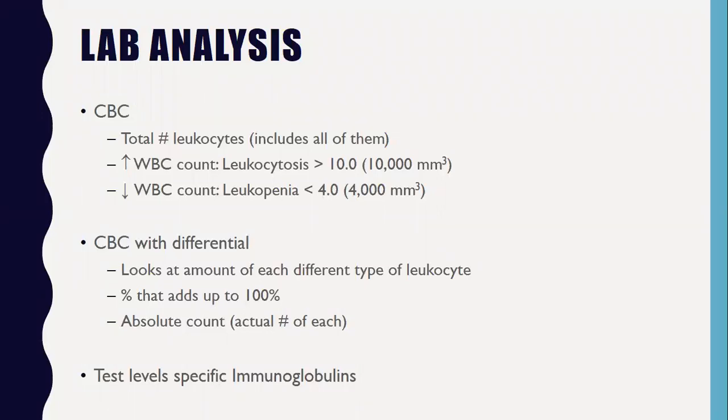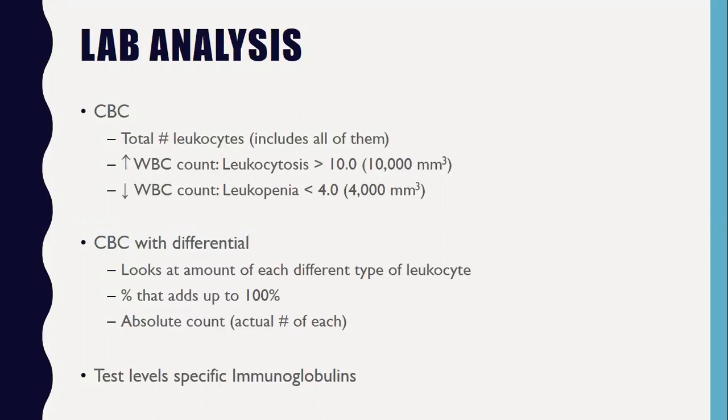Normal white blood cell count or leukocyte count is going to be about 4 to 10. If it is less than 4, it's going to be a leukopenia, and greater than 10 is going to be a leukocytosis.